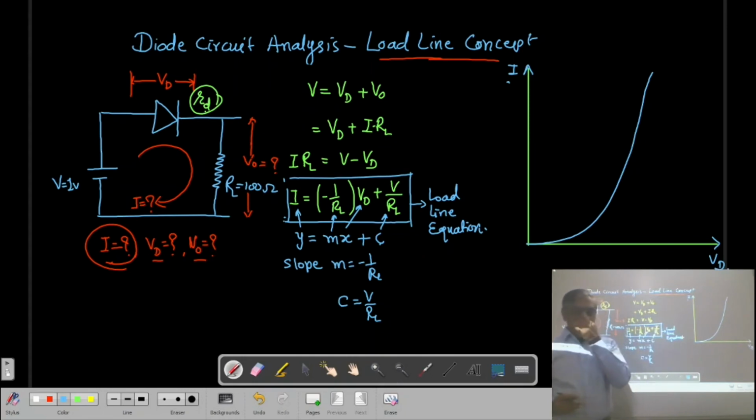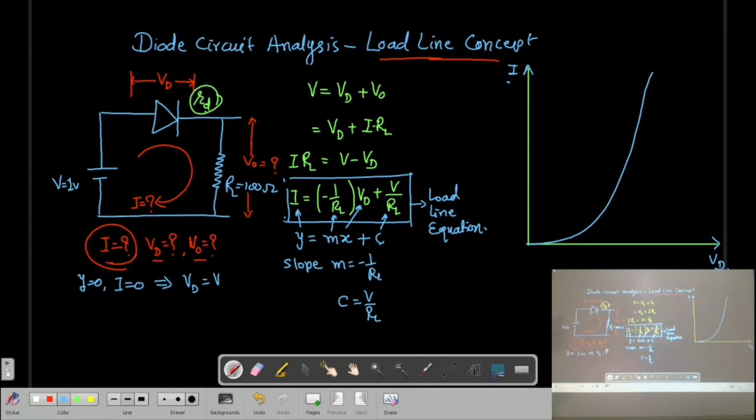Another point will be on the y-axis, where the x parameter is 0. So in this expression, if we put y equal to 0, meaning I is equal to 0, then I will get Vd equal to V.